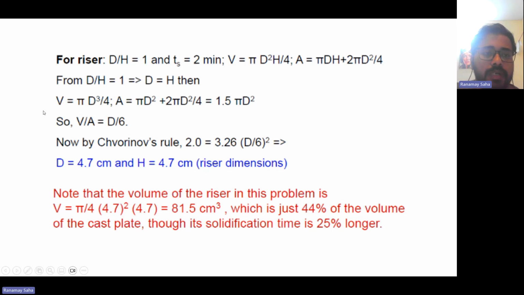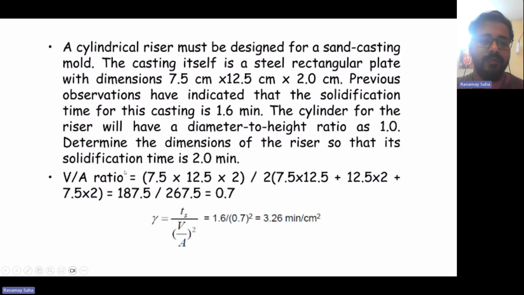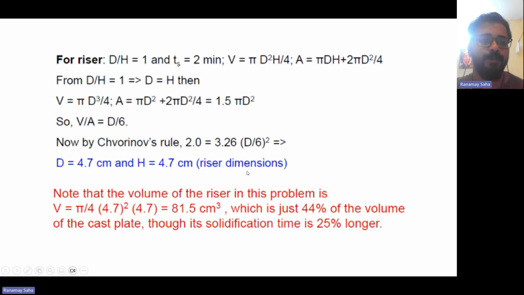Now, when you calculate the V by A in this case, you find the result comes out to be d by 6. This is for the cylindrical riser. Earlier we had found V by A for the cast, which is a simple steel rectangular plate.